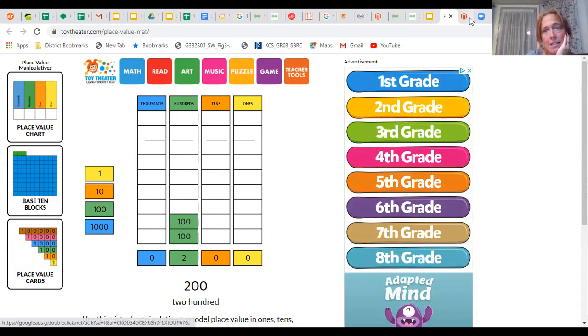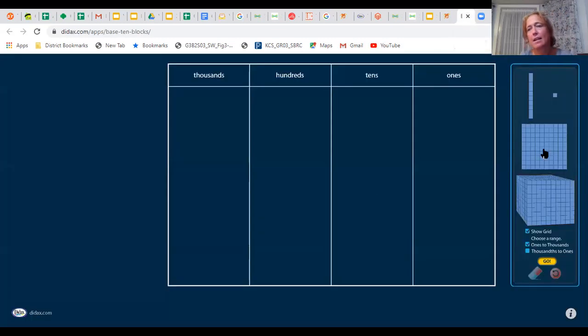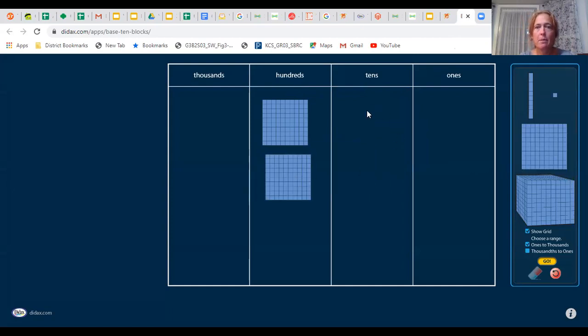So if we go back to here, and I have 200, okay? Because remember, there's no tens in the tens place. There's no ones in the ones place when I'm doing multiples of 100 or counting by 100. So 100, 200, 300, 400. Those all do not have any tens or ones in the tens or ones place. But the hundreds place has groups of 10 to make its hundreds.